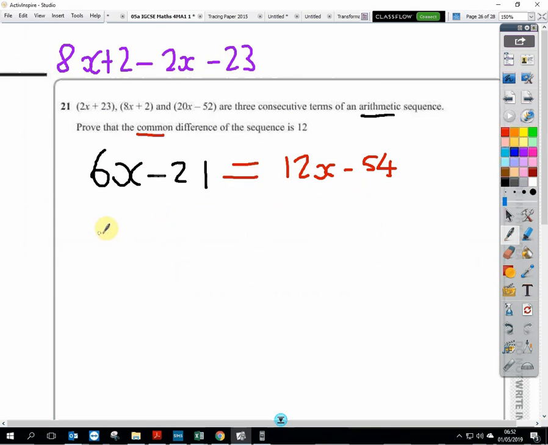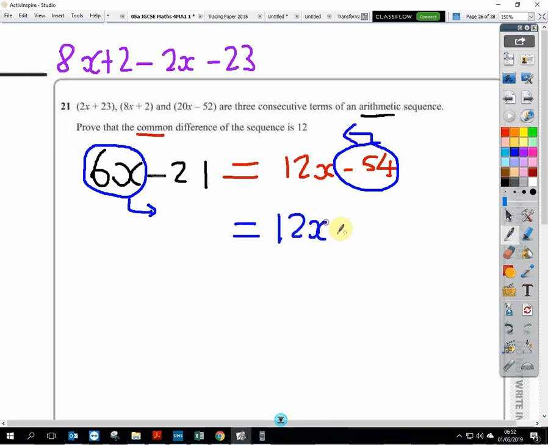So a little bit of rearranging. I'll do a double swap here. What I'm going to do is shift the least x's to the side with the most. So that's going to go to the right, and therefore the numbers are going to go to the left hand side. So a little bit of swapping around. You're going to do 12x minus 6x. You have negative 21 plus 54.